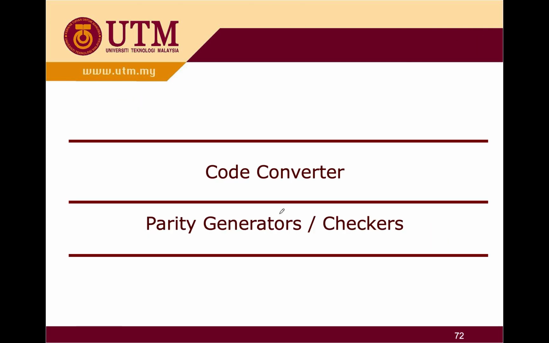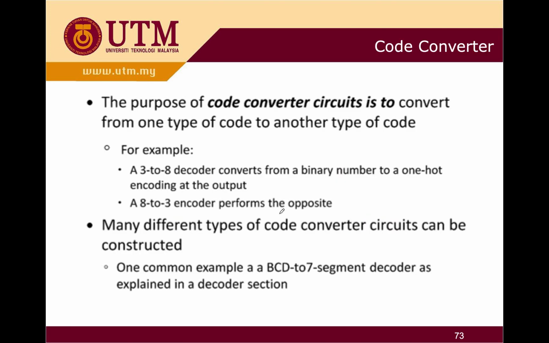And I'm going to go to the last topic, which is code converters and also parity generators or checkers. The purpose of a code converter circuit is to convert from one type of code to another. The example is a 3 to 8 decoder, which converts a binary number to one-hot coding at the output.